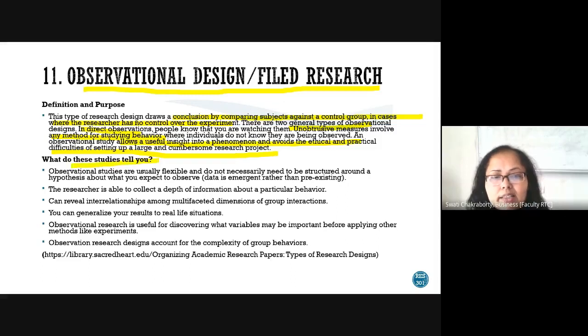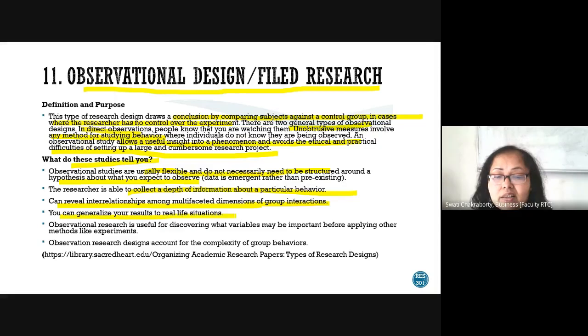What do these studies tell us? They're usually flexible and they do not necessarily need to be structured around a particular hypothesis about what we expect to observe. We can collect in-depth information about a particular behavior, which can reveal the interrelationships amongst multifaceted dimensions of group interactions.